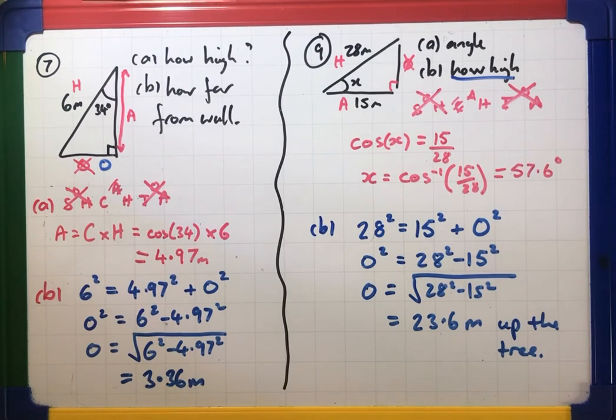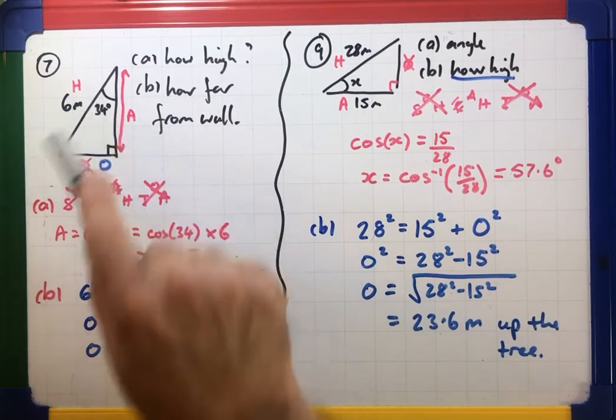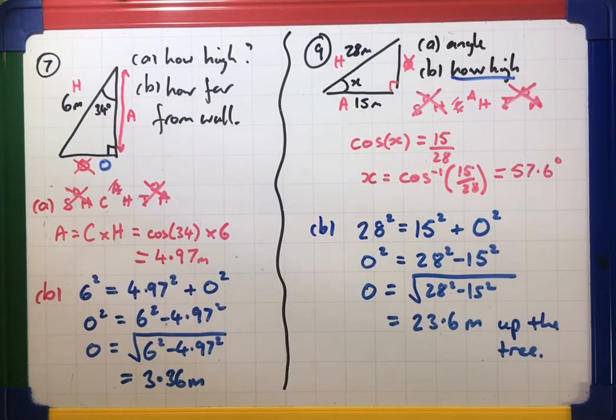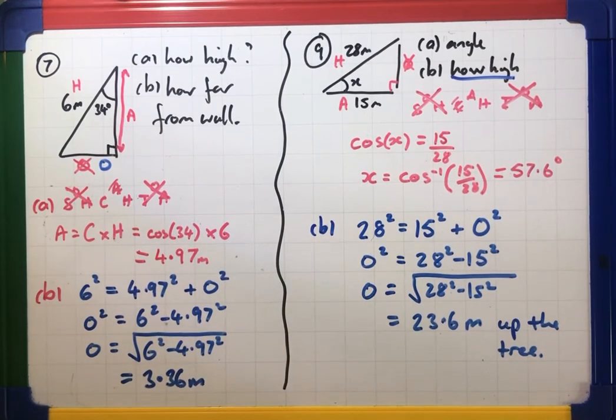It's really the inverse, but on your calculator it's shift. Okay, so if we've got one side and an angle with a right angled triangle, we're going to be using SOH CAH TOA, right angled trigonometry. But once we've got two sides, it's probably easier just to use Pythagoras' theorem.